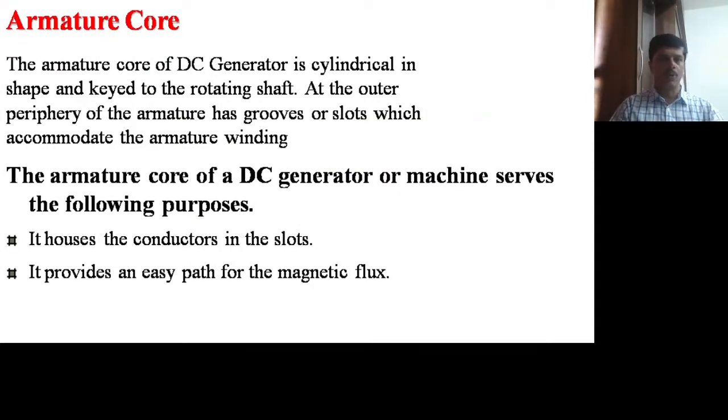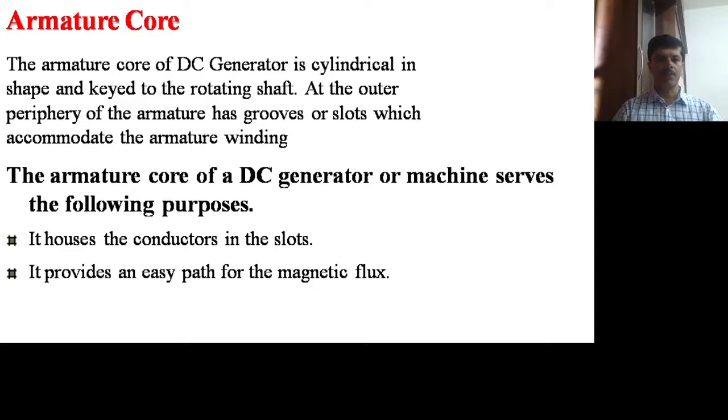The armature core of a DC generator is usually cylindrical in shape and is directly keyed to the rotating shaft, so once the shaft rotates, the armature rotates. On the outer periphery of the armature core, slots are made to accommodate the armature winding. The main purpose of these slots is to provide mechanical security to the armature winding.